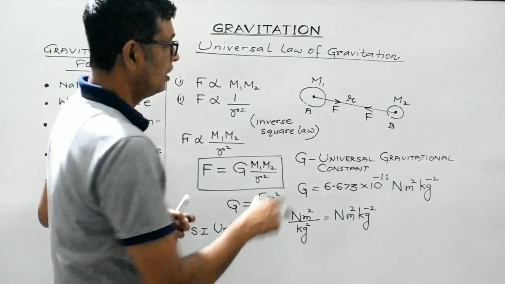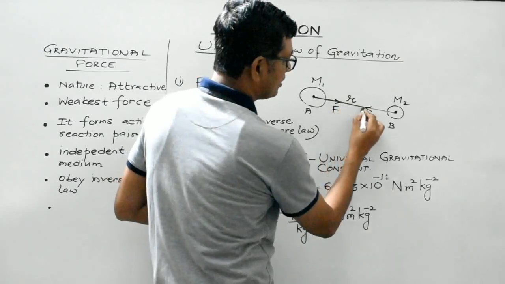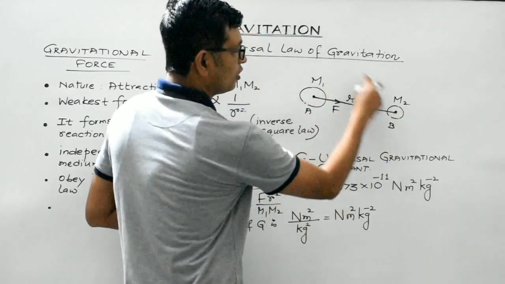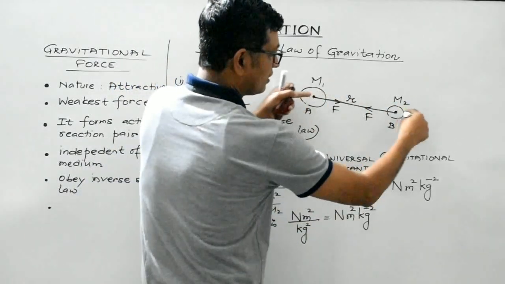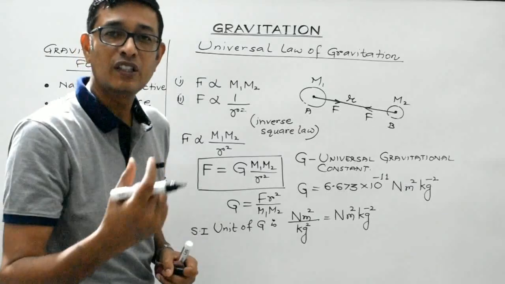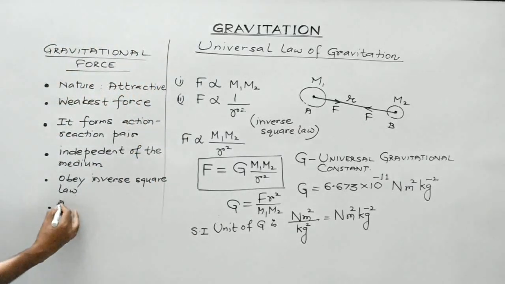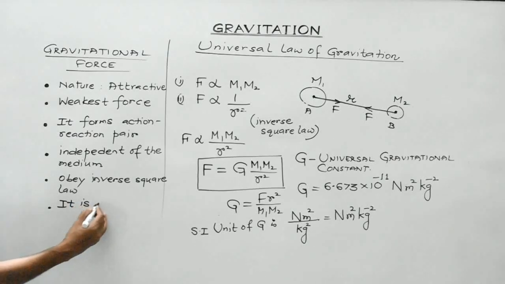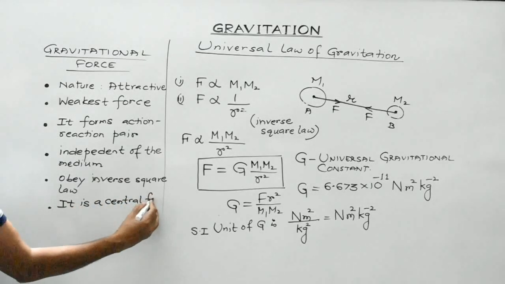Central force means force acting along the line joining the center of the two bodies. It's not acting along this direction. The gravitational force will always act along this line which joins the center of the two bodies. And that is when the force is said to be a central force.